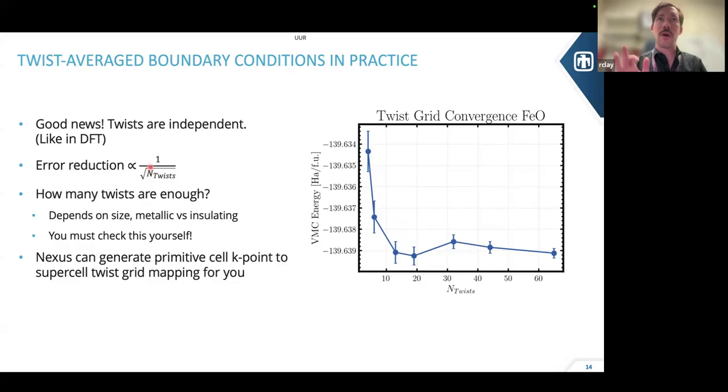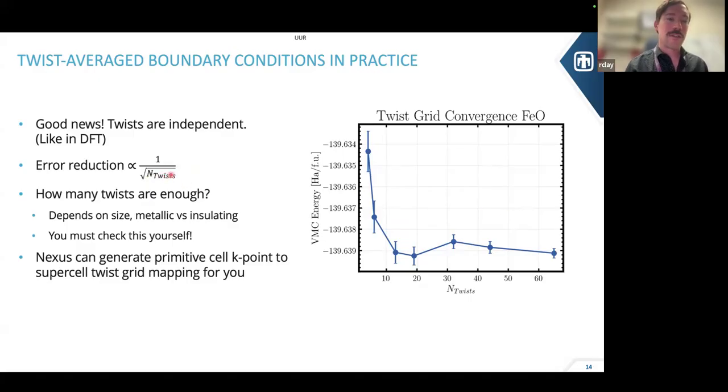If I need a 1 mHartree per atom error bar on something, and I'm running 4 twists, I can basically run each twist with twice the error bar on it and still get to where I need to be for the final twist average answer. This is a statistical average, it depends on the number of samples, and twists are samples.